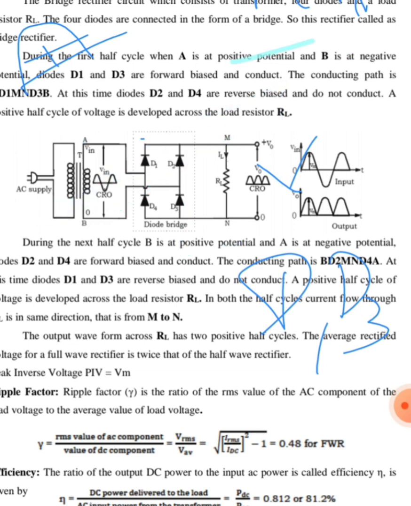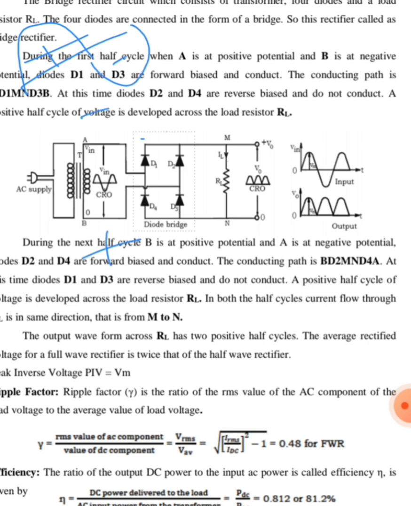Now let us see the negative half cycle. During the negative half cycle, terminal A will be negative whereas terminal B will be positive. Since terminal B is positive, D2 will be forward biased and the other diode which is forward biased is D4.